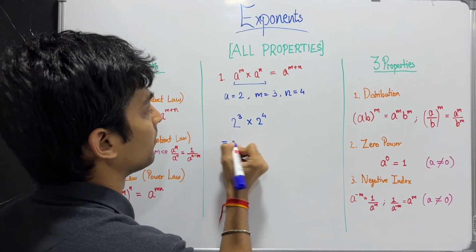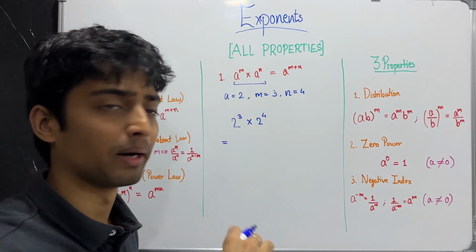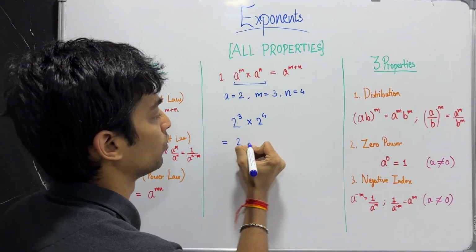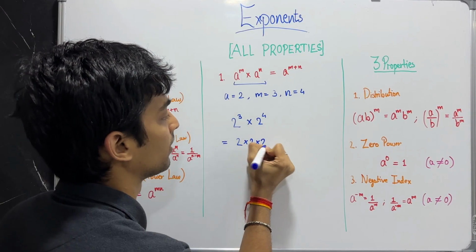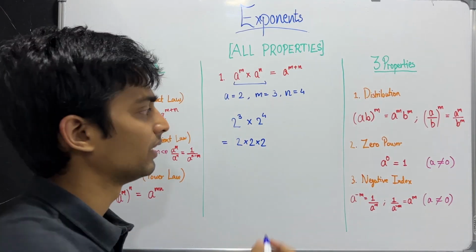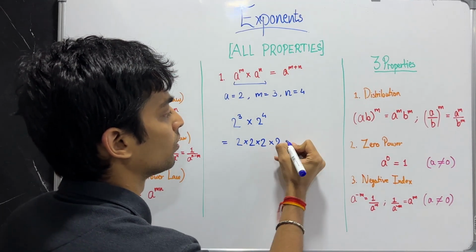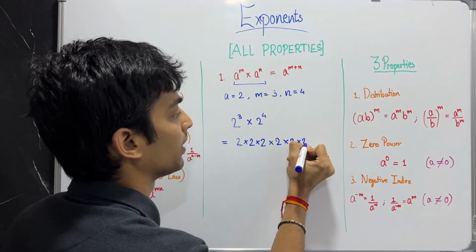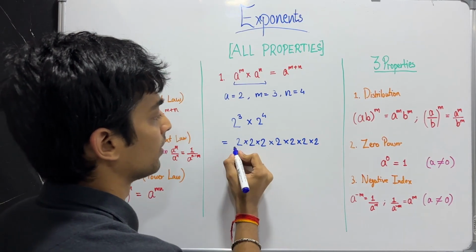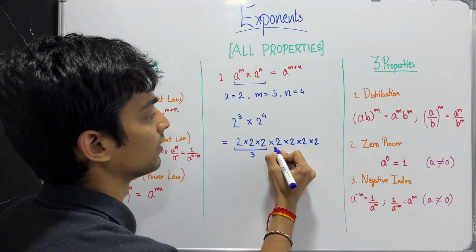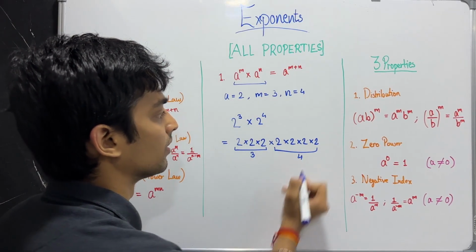So this will become 2 raised to 3. So 2 is getting multiplied by itself 3 times. So we can just write 2 multiplied by 2 multiplied by 2. And 2 raised to 4 means 2 multiplied by 2 multiplied by 2 multiplied by 2. So this is the 3 times, this is the 4 times. Right?